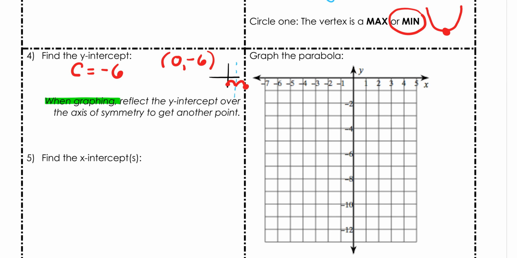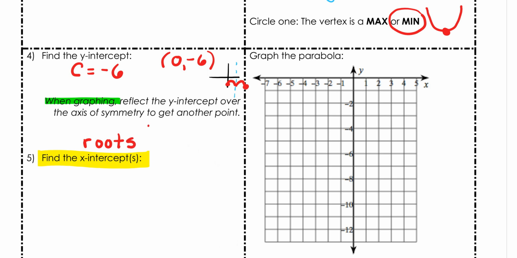There's one more thing that we're going to do. So far, it's been pretty easy figuring everything out. The last step before we start graphing is the hardest step. It's what we've been doing in our previous topics, which is factoring or using the quadratic formula. And that's right. What we're going to be doing is finding the x-intercepts. The x-intercepts are also known as the roots of the parabola.